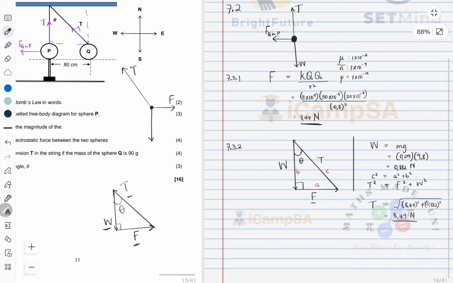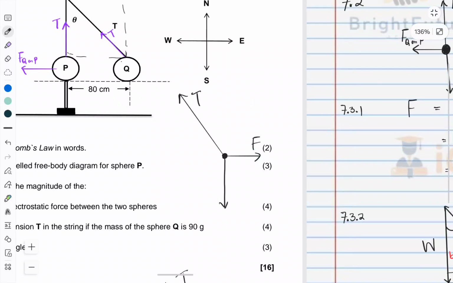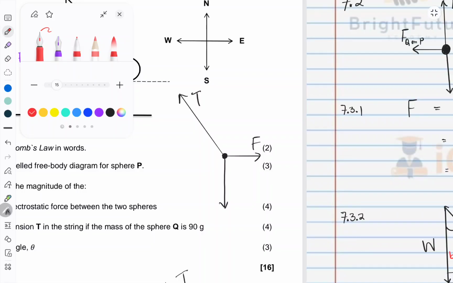Alright, so another method that you could have used, I'll write it quickly here. You know that T will have components, right? That's another method. You'll get a T. Let me use my original colors.